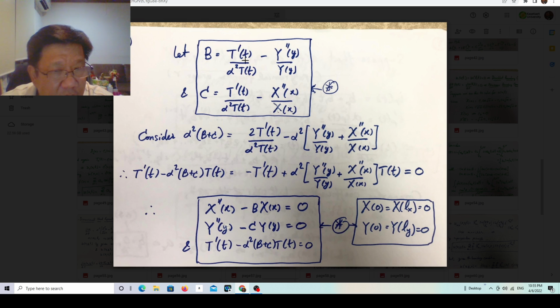Because when these two plus together, the division is the same, but since you use alpha square multiplied by B plus C, alpha square should be cancelled here. So there's no alpha square over here, but alpha square in this multiplication form is correct.